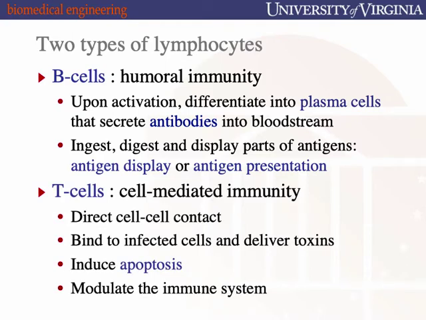The other is T cells. They're primarily responsible for cell-mediated immunity. In contrast to B cells, these will be activated upon direct cell-cell contact, and again, we're going to unpack this a bit more in the future. They're going to bind to either infected cells or presenting cells.